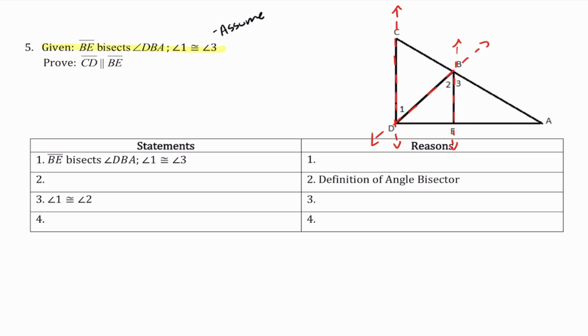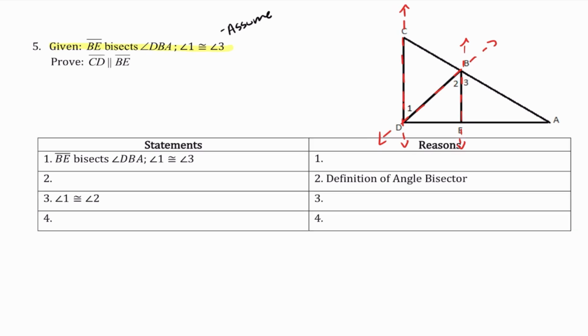Since this is an angle, the angle is going to get bisected, and we're going to have two congruent angles. So we can say that angle 3 and angle 2 are congruent to each other. And I'm going to make that note. Angle 3 is congruent to angle 2 by, well, what's the object in mind? This is an angle, and it's being bisected by this segment. We call this segment the angle bisector.